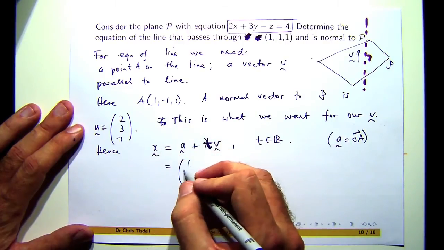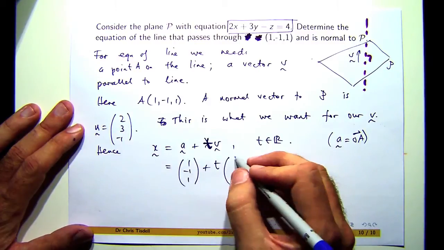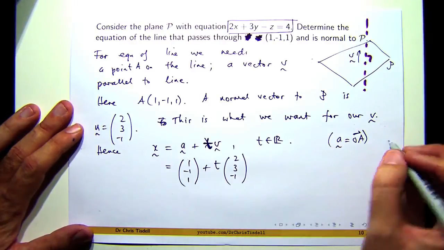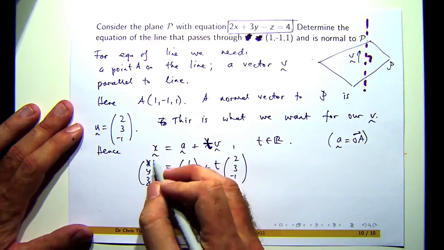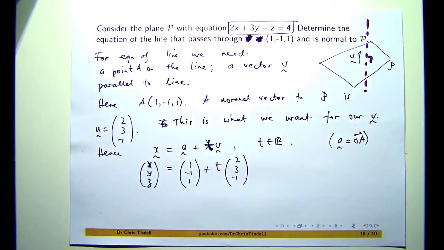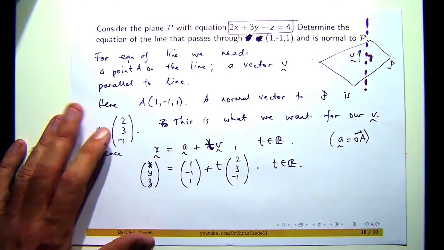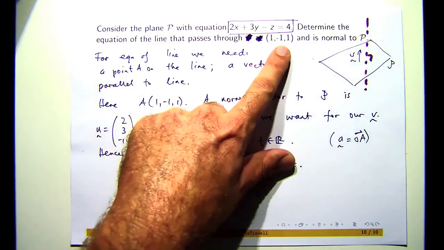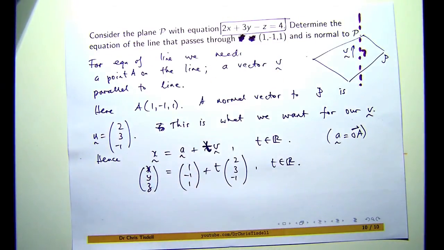So it's going to be (1, -1, 1) plus t times that. Now if I wanted to write this out, by this x vector I mean (x, y, z). So the parametric vector form of the line that goes through the point (1, -1, 1) and is normal or perpendicular to this plane has this parametric vector form.